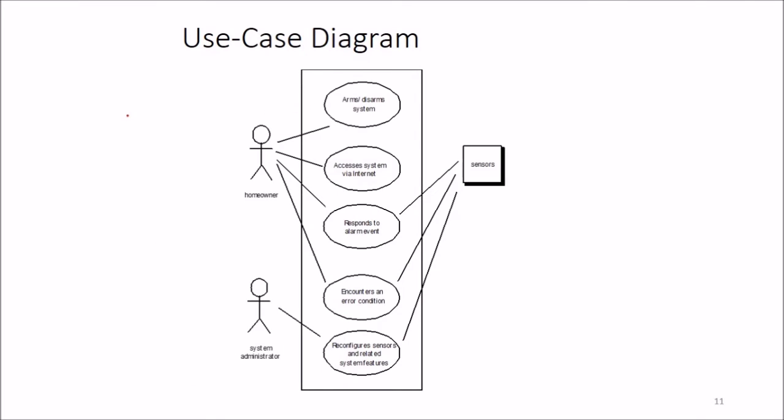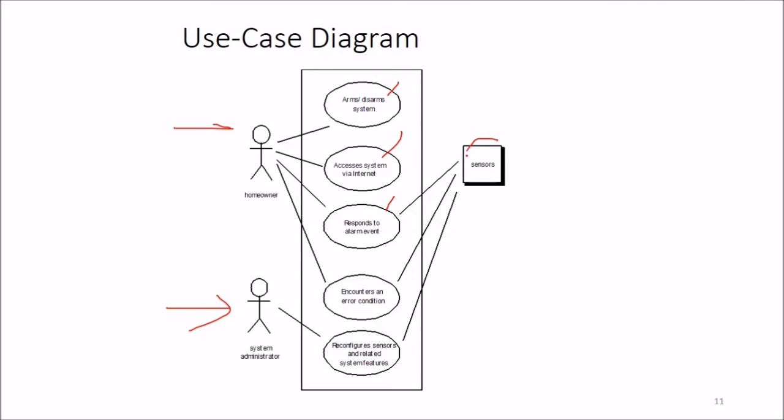This is an example of a use case diagram. This is a homeowner and this is an actor, and there may be an actor called system administrator. Now it is dealing with the alarm and dispatch system, accesses the system via the internet, and it responds to an alarm event and encounters an error condition.